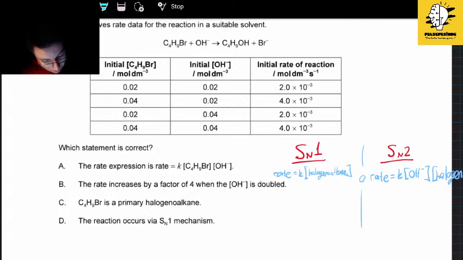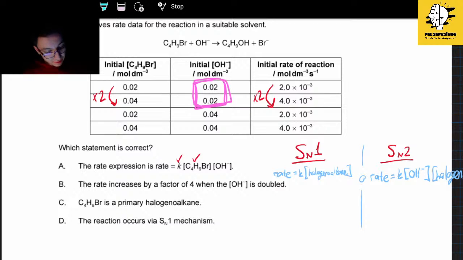We have to keep OH constant in this case. And this is going to be doubled, x2, from 0.02 to 0.04. When we doubled it, the initial rate is also doubled. So this means that this part is correct. K is also correct.